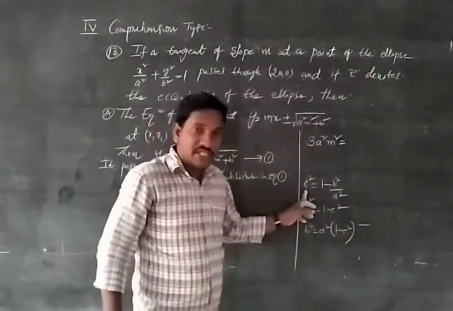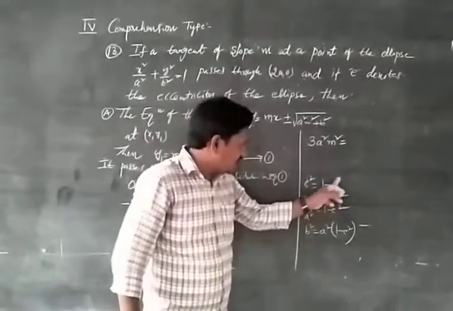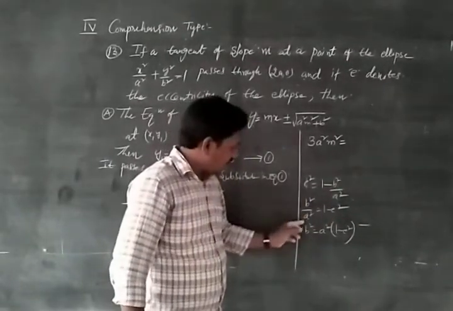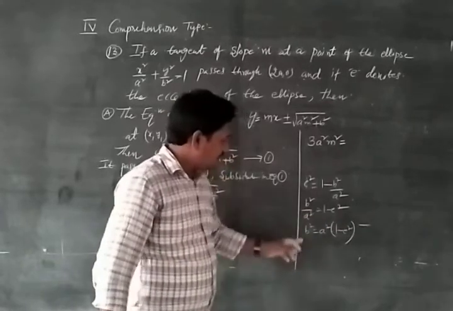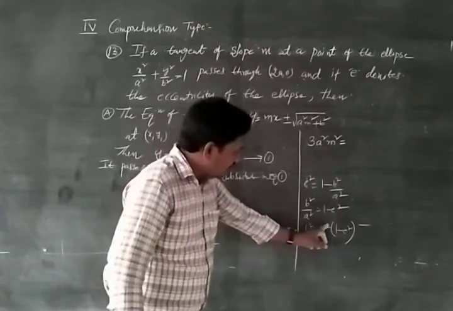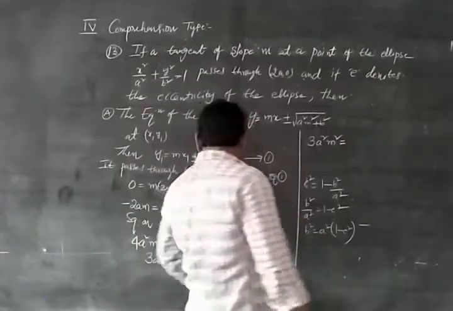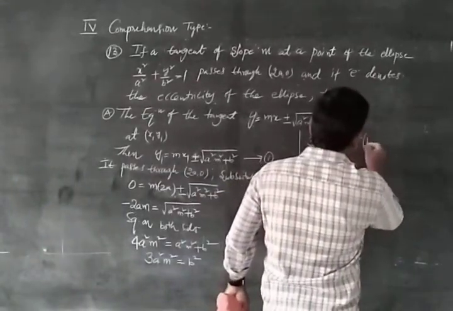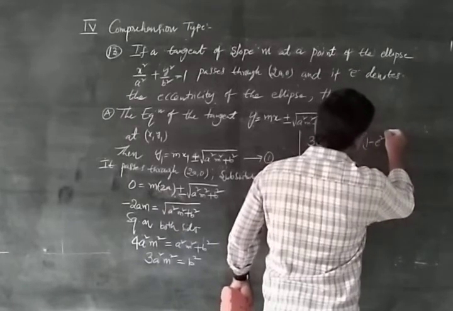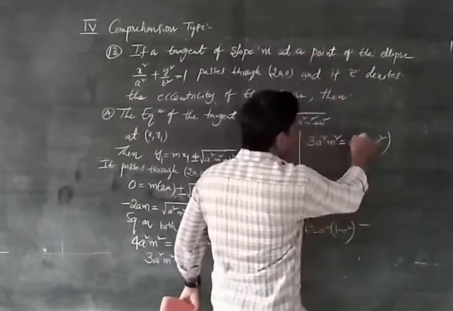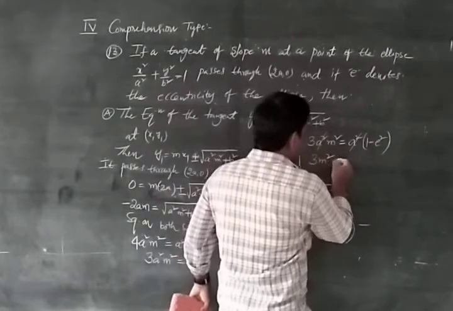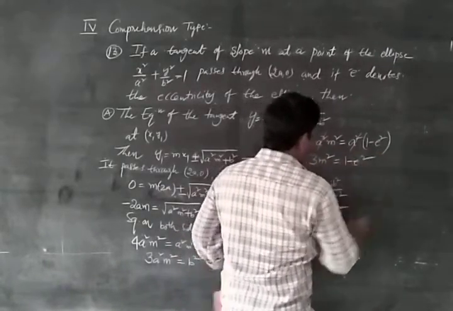Okay, e square equal to 1 minus b square by a square. By the transposition b square by a square equal to 1 minus e square, b square equal to a square into 1 minus e square. Now in the place of b square we have to write a square into 1 minus e square. A square both are cancelled. 3m square equal to 1 minus e square.